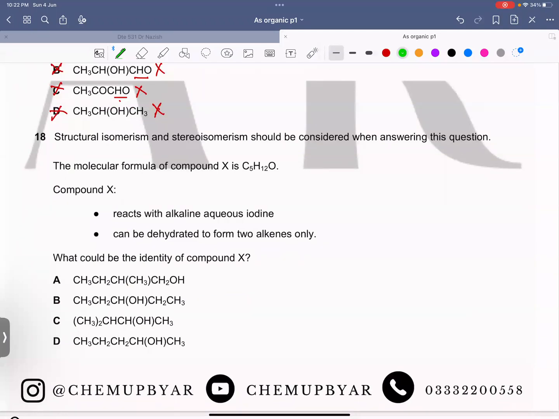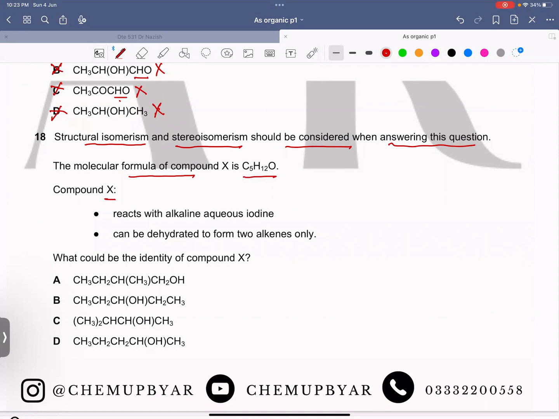Now question number 18. Structural isomerism and stereoisomerism should be considered when answering this question. The molecular formula of a compound is C5H12O.